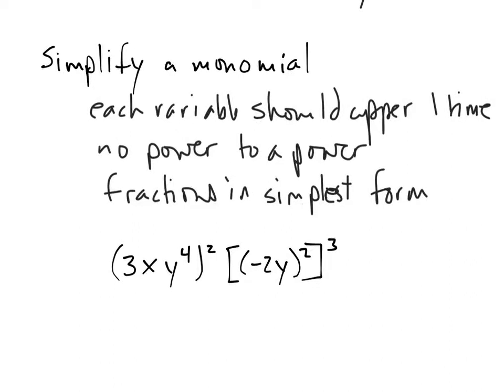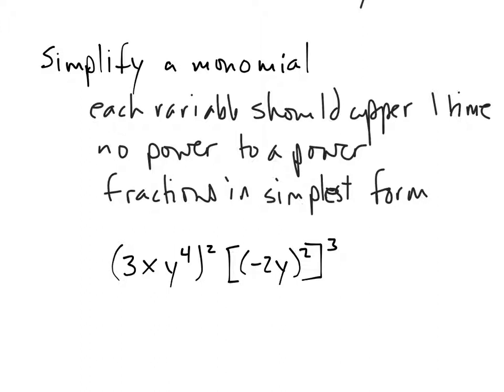Now, the thing about a problem like this is it can appear daunting, but you just tackle it piece by piece. All right, so I'm going to work on the first set of parentheses. And I'm going to start here inside, and I would look to see if there's anything I can do to simplify what's going on in here. There isn't this time, and so now I'm going to go to the outside, and now I need to square everything inside the parentheses, right?